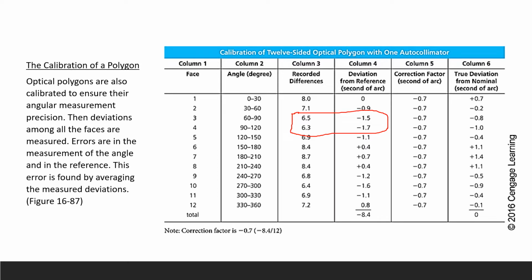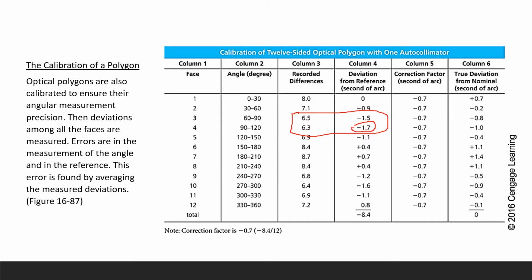Here we take 6.5, which is this one, and then minus 6.3, which is that one. Then we add minus 1.5, because that's the deviation. So this is the two data, and then we get minus 1.7. This is how we calculate one by one.